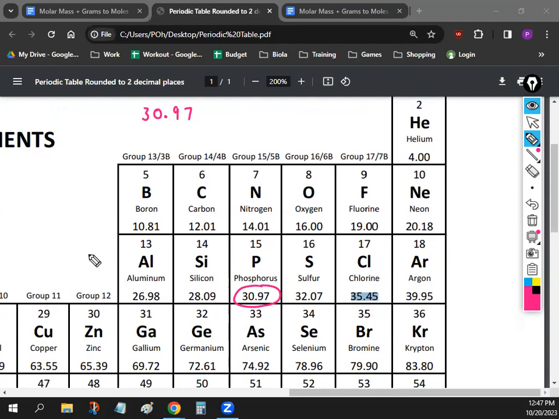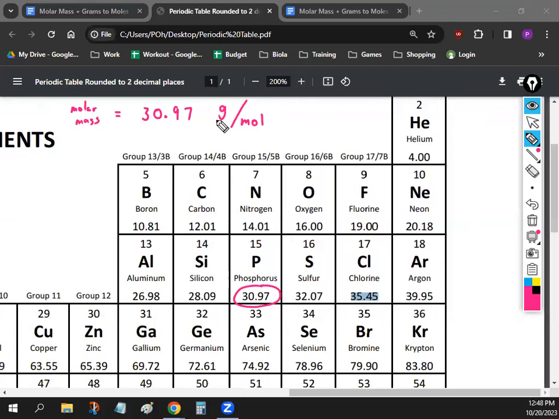But going forward, you can never write a number just by itself, because we're going to be using a lot of different numbers and measurements. We need to specify what this 30.97 means. Whenever you find the molar mass of something, you write the number and then the unit of measurement, which is grams per mole.